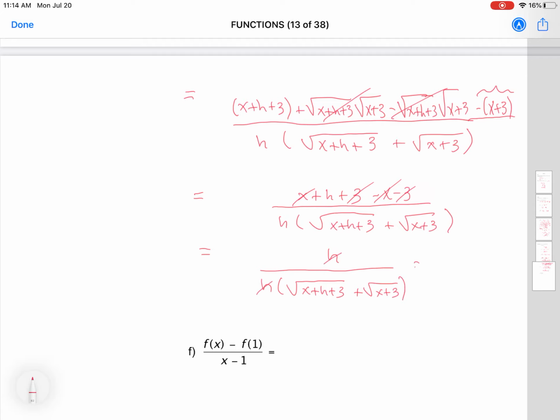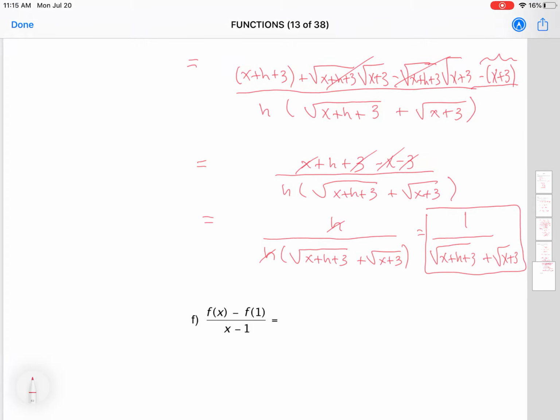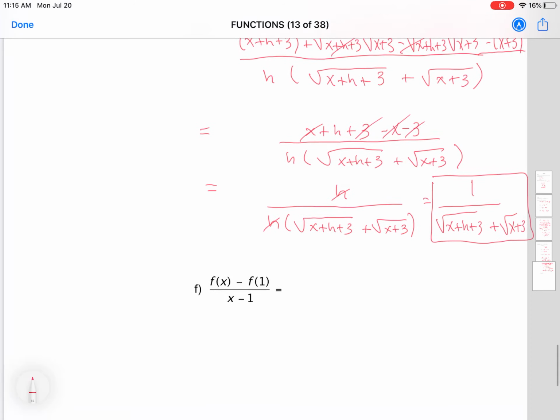So these h's are about to go. And the final answer to this problem is simply 1 over the root of x plus h plus 3 plus the root of x plus 3. That is what we were looking for in this situation.